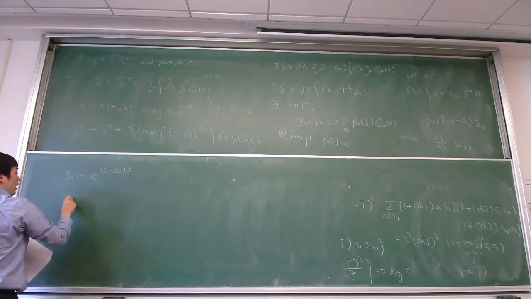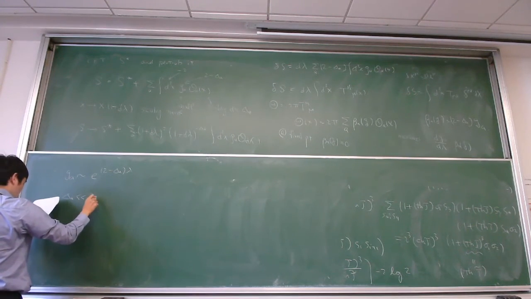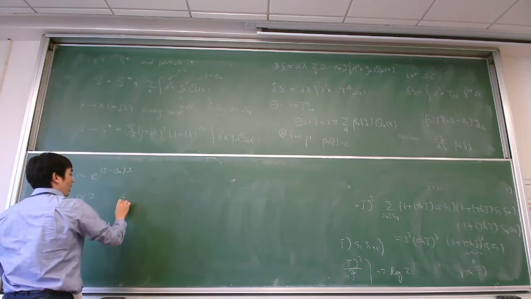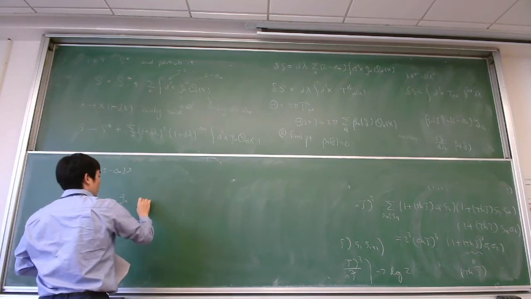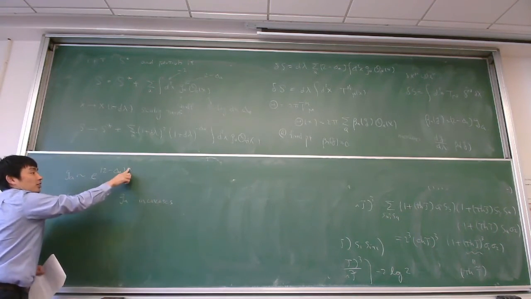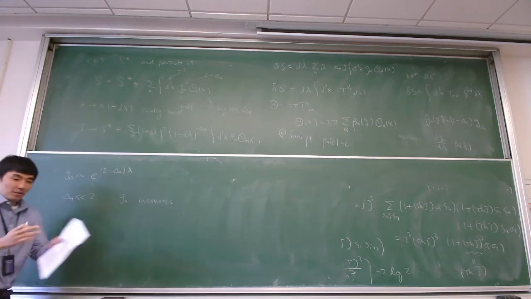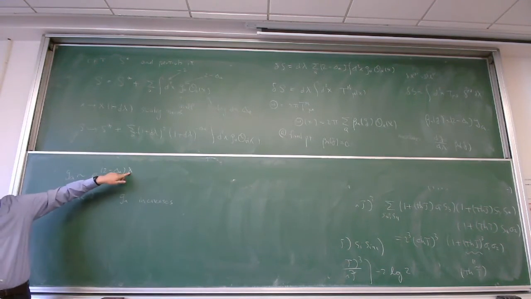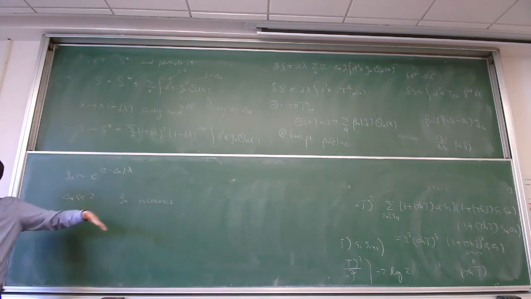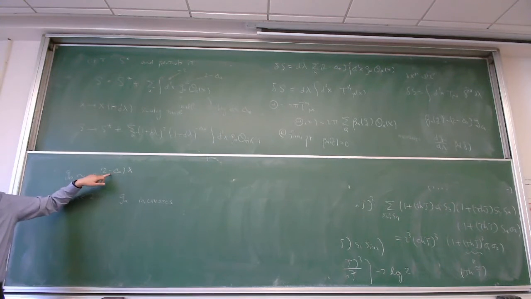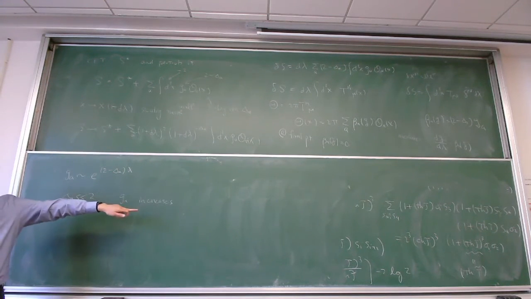So if delta_A is less than 2, the coupling constant G_A increases as you scale up. If you go to the infrared, increasing lambda means you go to the infrared, coarse graining. Then G_A increases.